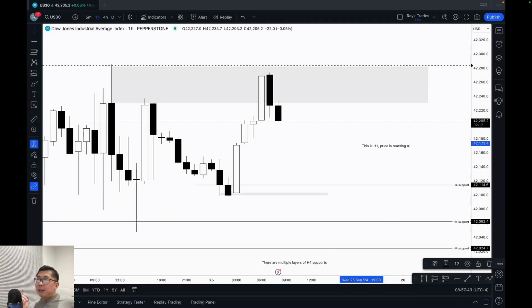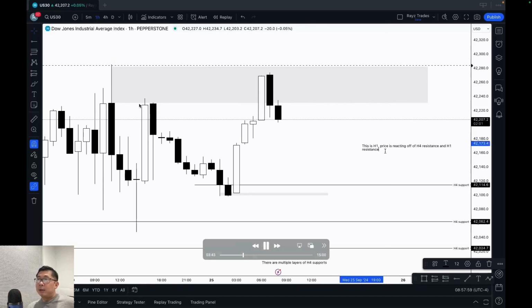So I wrote down this is the 1 hour chart, price reacting off of the 4-hour resistance. Again, which I haven't drawn, but I will. And also the 1 hour support, which is there. That's where I hover my mouse, over here and over there.